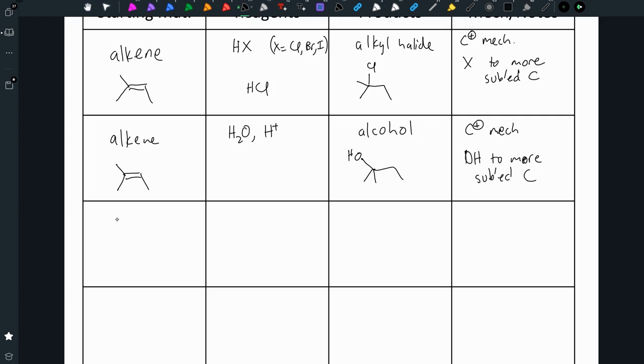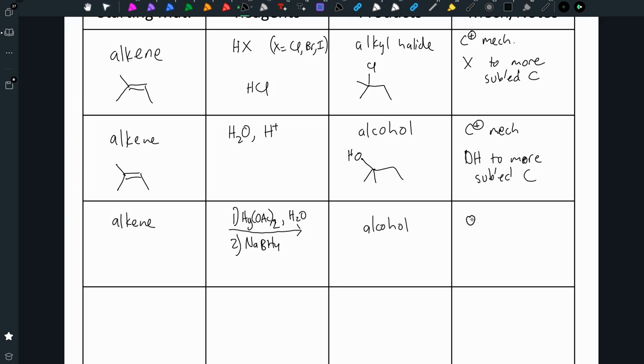Just to give you an example, we also learned that with an alkene, we did some 2-step sequences. For instance, we did step 1, Hg(OAc)2 and water. Step 2, NaBH4. When we did that, again, we made an alcohol.